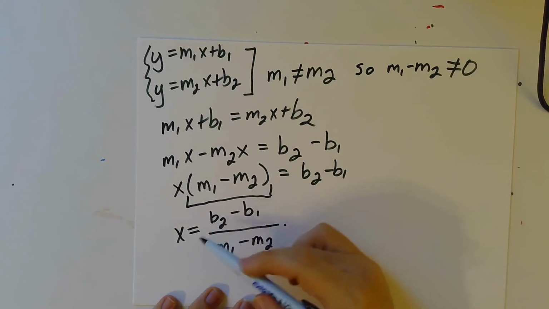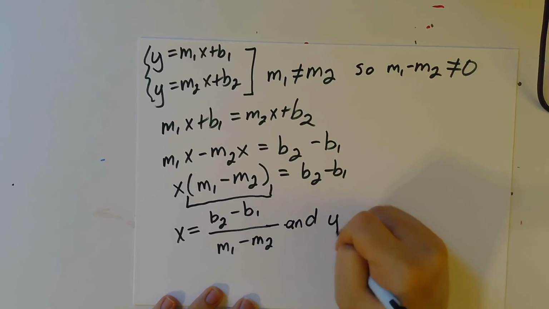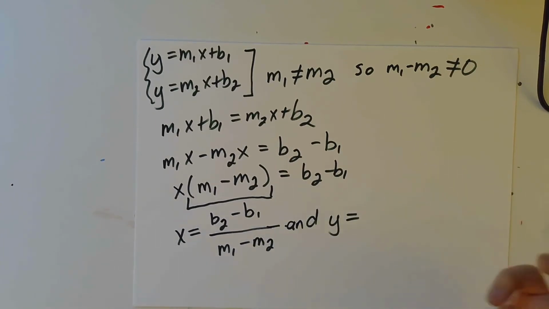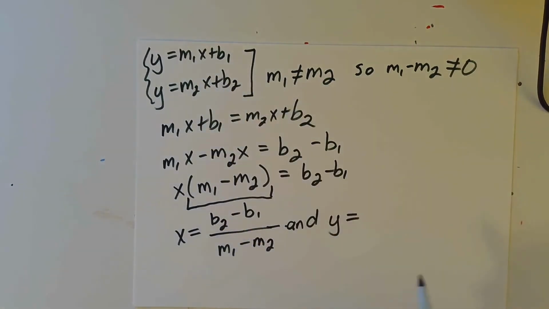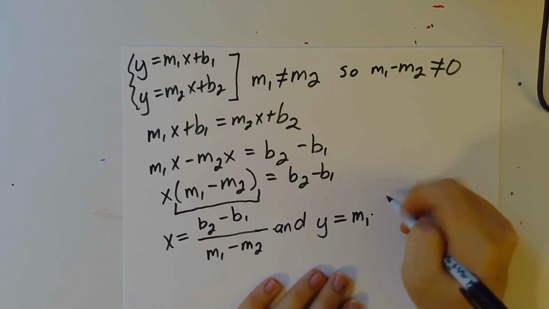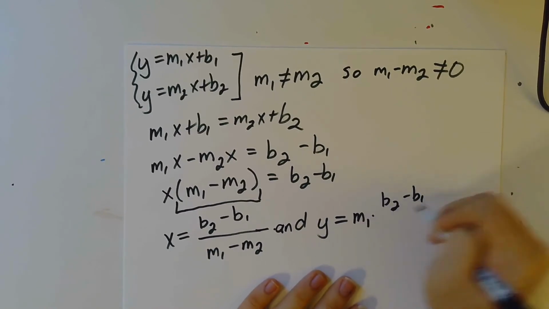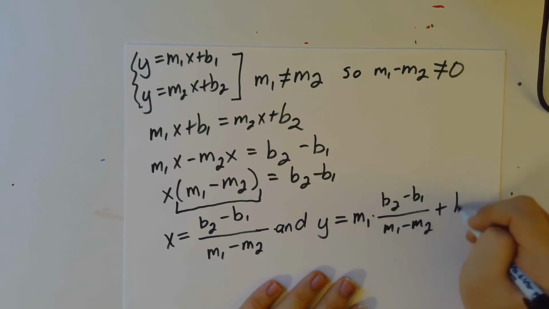And so as soon as x is this, then I know what y is. Remember we're on both of these lines, so y has to be m1x plus b1. So y is m1 times b2 minus b1 divided by m1 minus m2 plus b1.